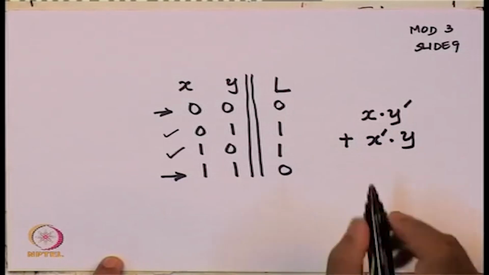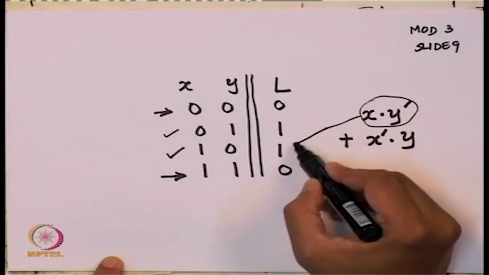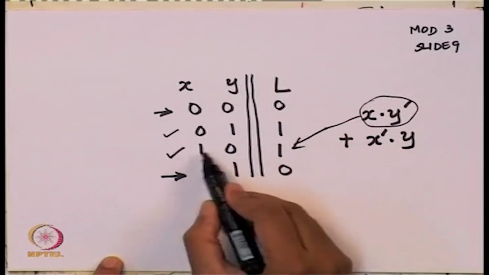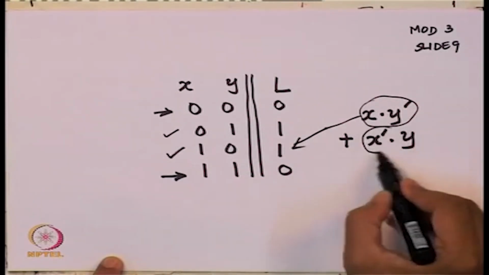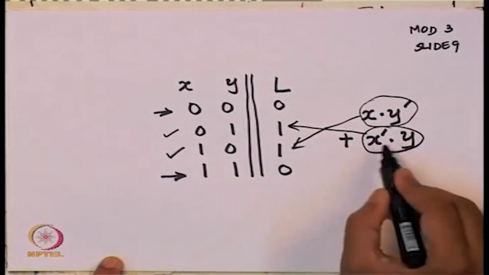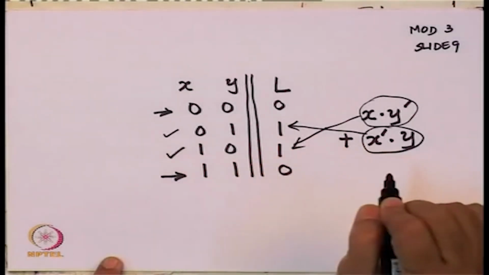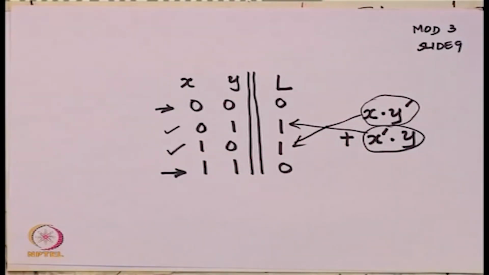So this term comes from this row here, X is on and Y is off, and this term comes from this row here, X is off and Y is on. So now from a truth table we have an expression.